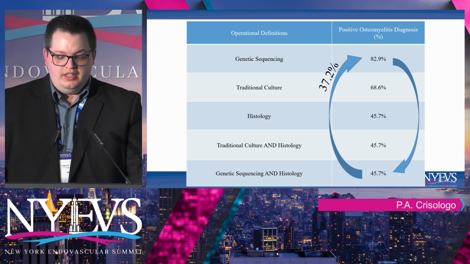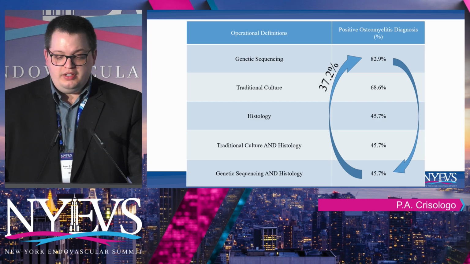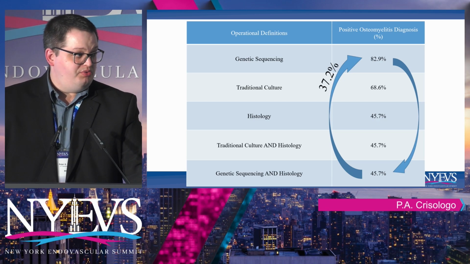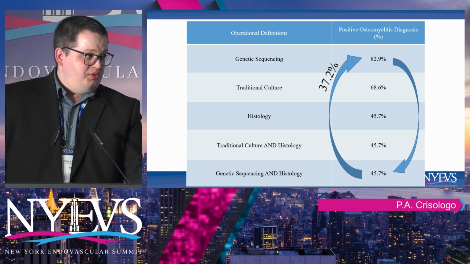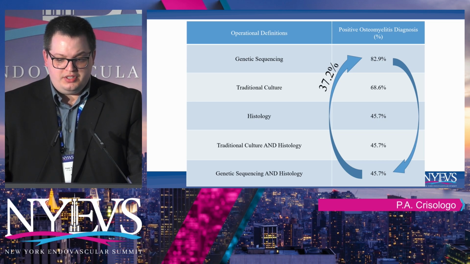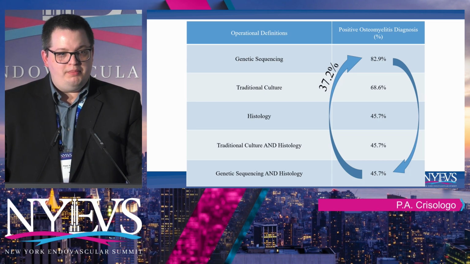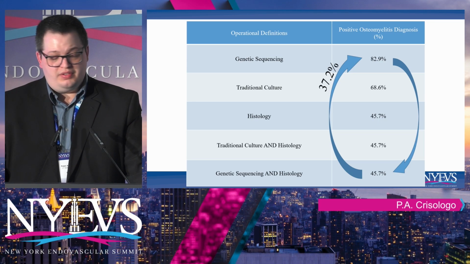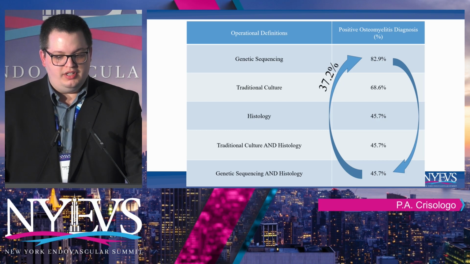As you can see here, depending on how you interpret that, you can change your diagnosis rate by almost 40%. That's almost a coin flip in changing your diagnosis. And that means a lot of different change for your patient, what they're going to go through the next several weeks.